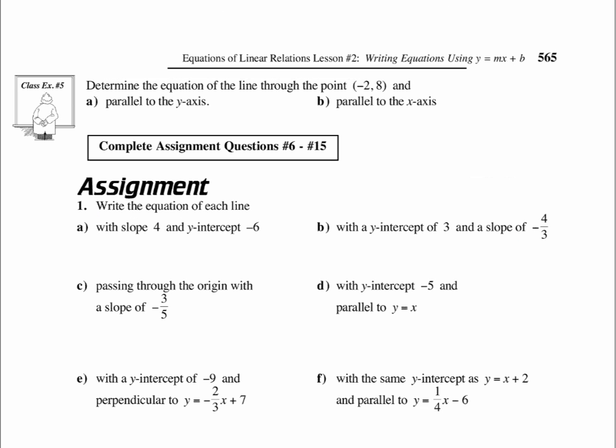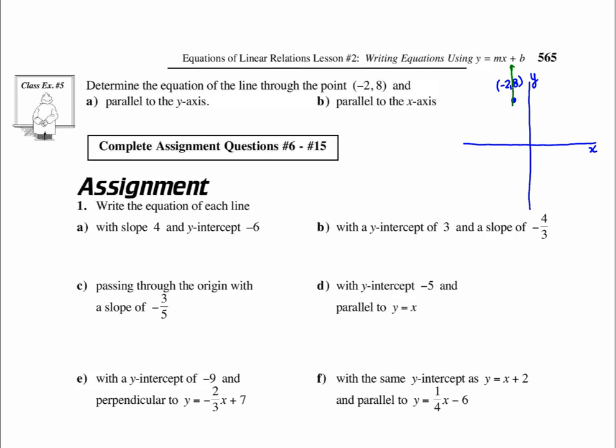So we talked about that a little bit yesterday. So really briefly, determine the equation of a line through the points negative 2 and 8. We'll just do a rough sketch. And it's parallel to the y-axis. If you're parallel to the y-axis, are you horizontal or vertical? Vertical.